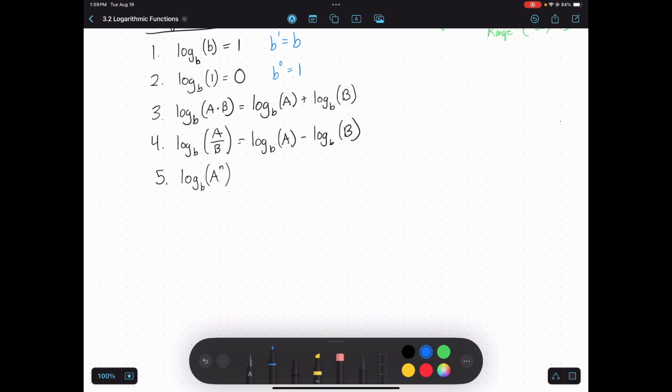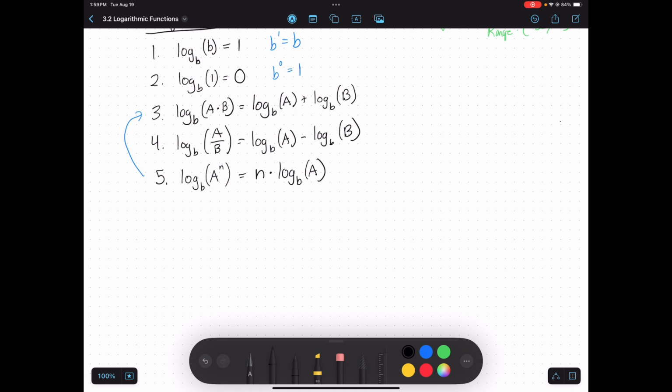Well, if you think about what that exponent means, that means I'm multiplying by a over and over again, which means I can theoretically use property number 3 to say, oh, this is just log base b of a plus log base b of a plus log base b of a, n amount of times. And so therefore, I can convert that into just multiplication: n times the log base b of a.